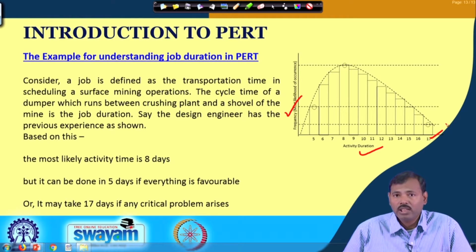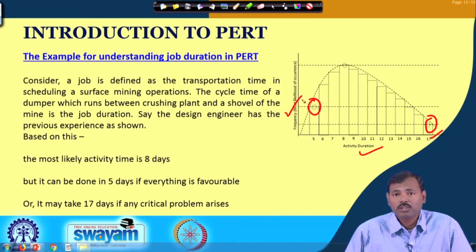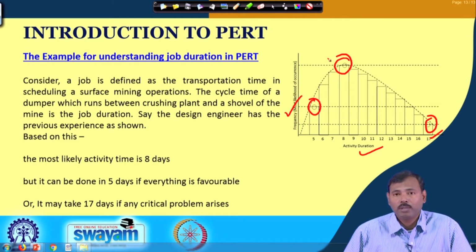So it took 17 minutes as per our experience. Whatever experience we have so far, we have found that 8 minutes is taken most of the time by the dumper operators to run between the shovel and the crusher.